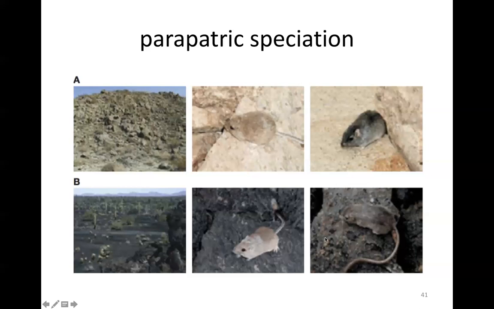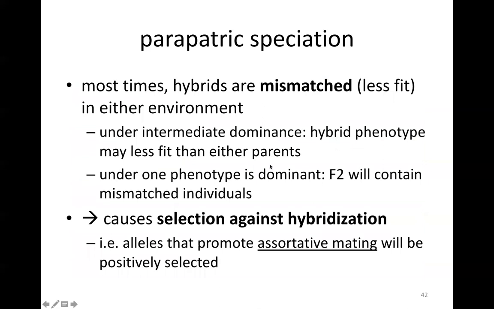Or one of the phenotypes, one of the traits might be dominant, but then such heterozygous individuals showing the dominant trait, whenever they mate with each other, some of the F2 will contain mismatched individuals.